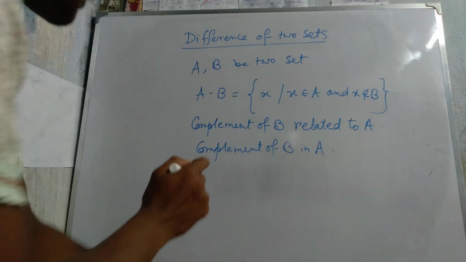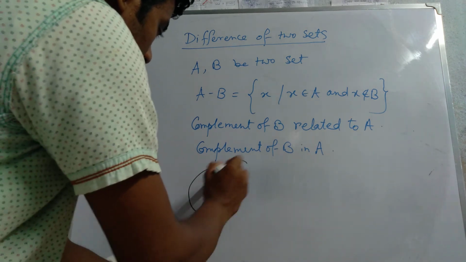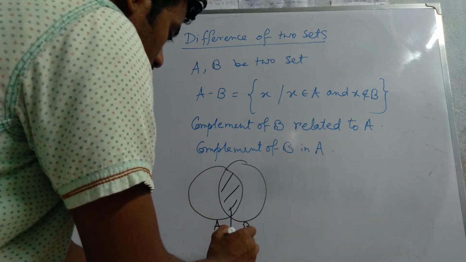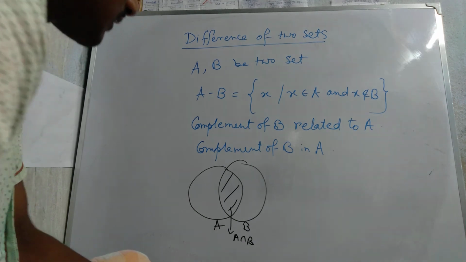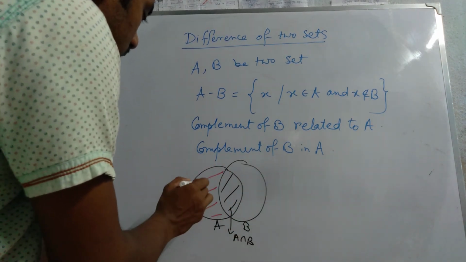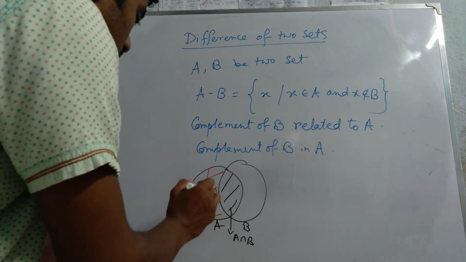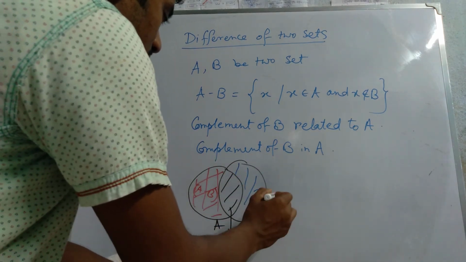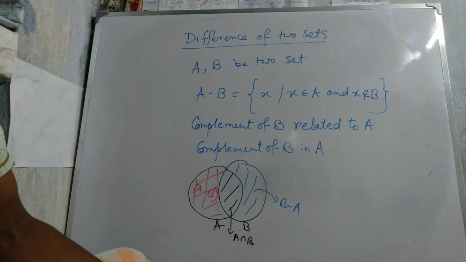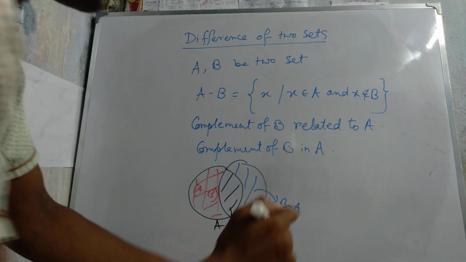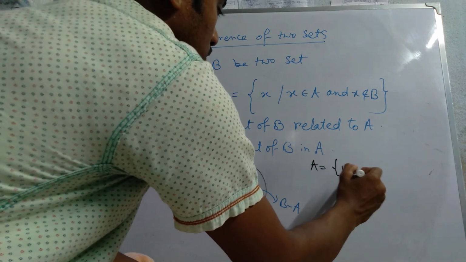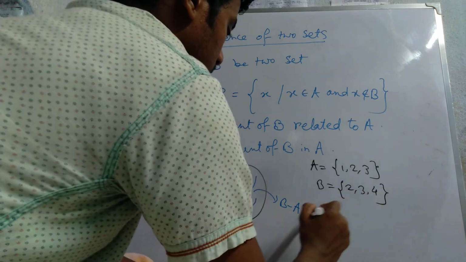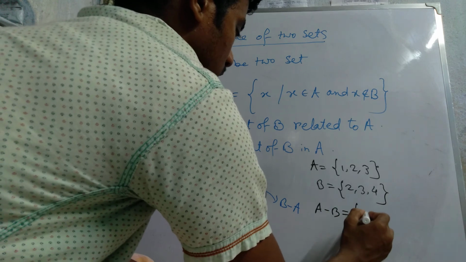How do we see it in an example? Now we draw a figure with A and B. A is here, B is here, then this is A intersection B, and this part is A difference B. Obviously this other part is B difference A. So we see an example: A is {1, 2, 3} and B is {2, 3, 4}, then A difference B equals {1}.